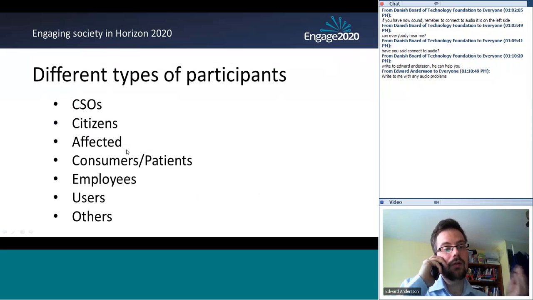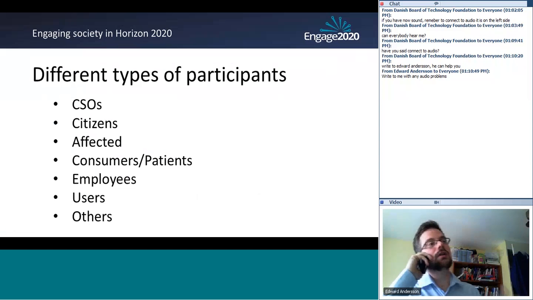And of course we have a wide variety. When we talk about public engagement, it's not so easy to say that the public is one thing. In fact, many academics say, well, we should actually be talking about publics. And this has also been a complicating factor when you think about how do you involve society in Horizon 2020, well, what part of society do you want to reach? And that will depend on your project. Sometimes we engage with civil society organizations.